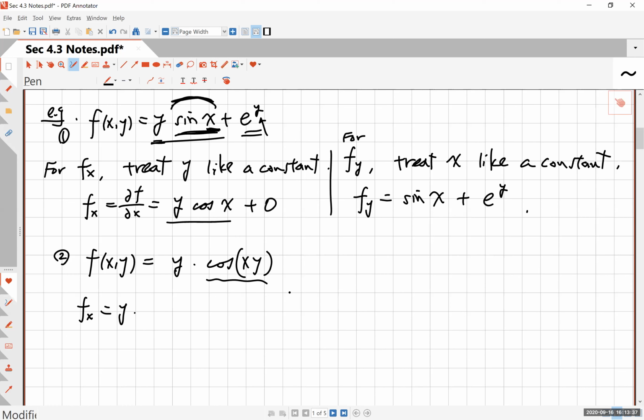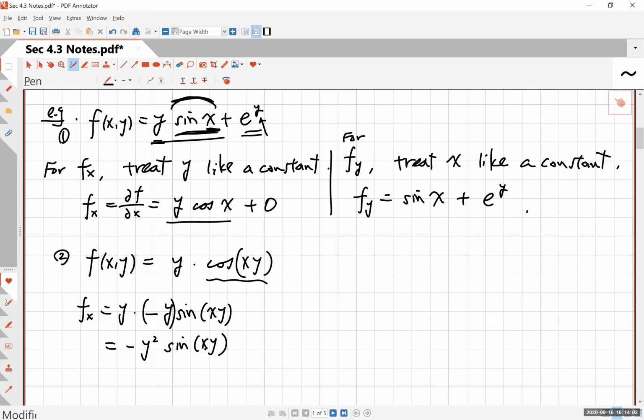So think of this as cosine of 5x. What is the derivative of cosine of 5x? Well, that's negative sine of 5x multiplied by 5 in the front, right? So it becomes negative y times sine of xy. Okay, did you get that? All right, so this will be negative y squared sine of xy.